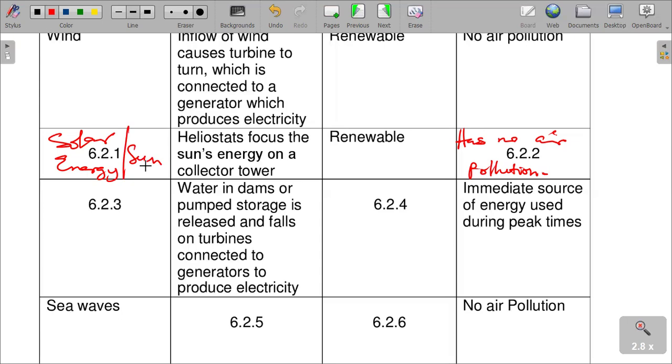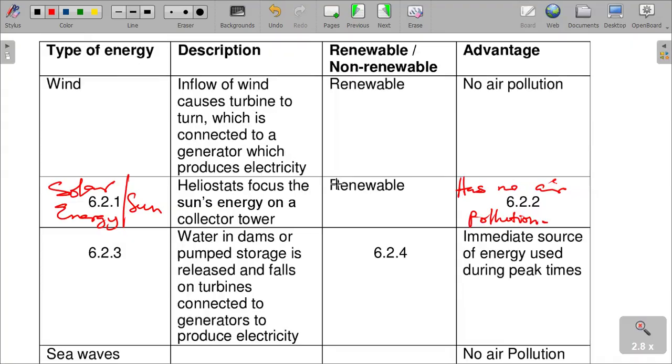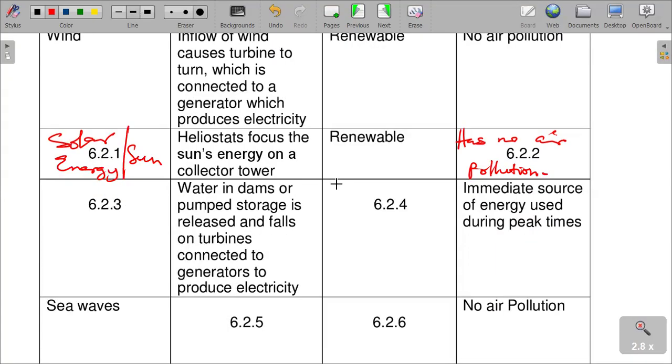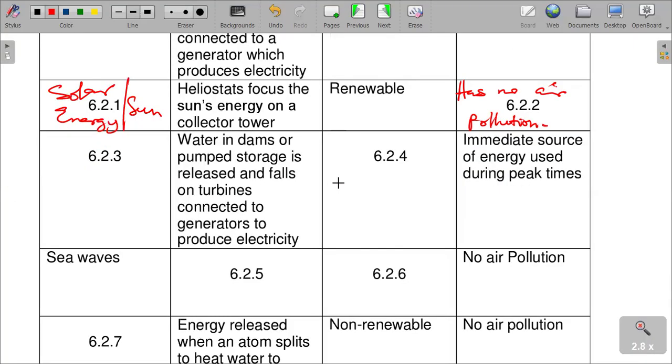It is the sun that focuses the sun's energy on a collector tower, and then it is a renewable source of energy. Sorry, it was just a misreading of the statements there. So it is solar energy, and the advantage is that it has no air pollution. And obviously the other advantage, as it is said, is that it is renewable. We can also give it as an answer.